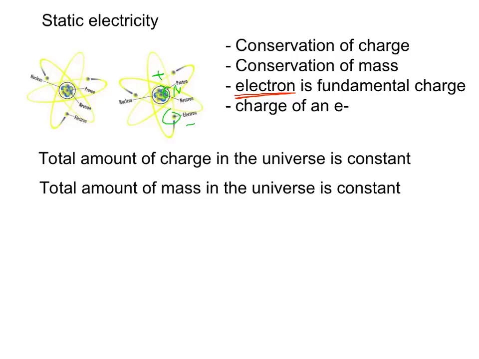The unit for charge in the international system, or in the metric system, is coulombs. And so we'll often relate the amount of charge on an electron to the number in coulombs. The charge on an electron in coulombs is negative 1.602 times 10 to the negative 19th coulombs.